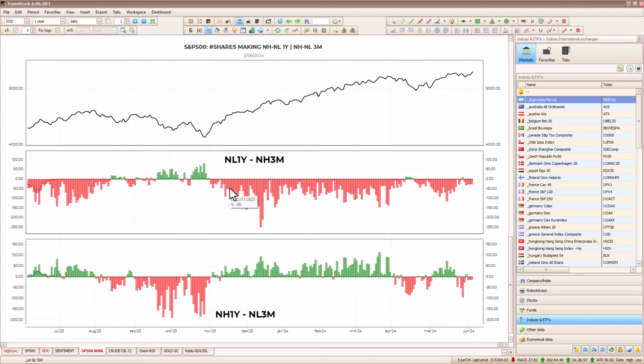If this turns red, there is an upward momentum. However, if the histogram turns green, we need to pay attention. This isn't the case yet.